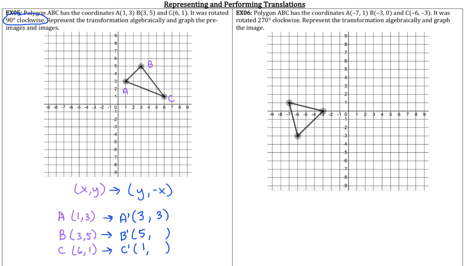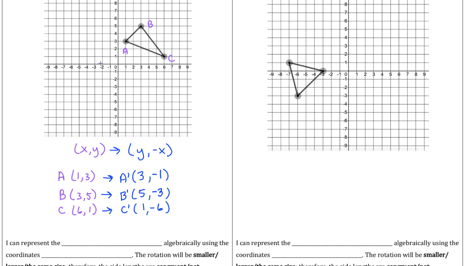The x's were 1, 3, 6. But if it was positive, now it's negative. So 3, negative 1 is A prime. 5, negative 3 is B prime. And 1, negative 6 is C prime.